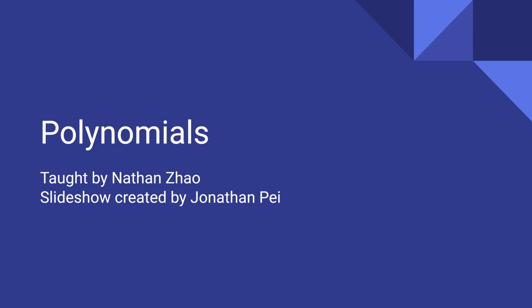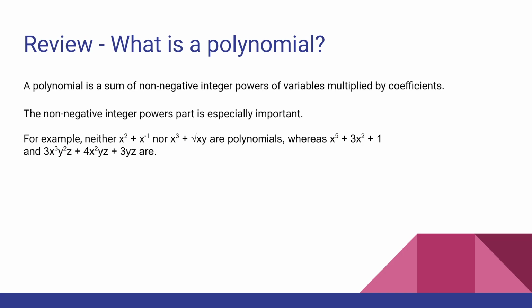So for review, what is a polynomial? A polynomial is basically a sum of non-negative integer powers of variables multiplied by coefficients. The non-negative integer powers part is especially important because this means that we can't have fractional variables.